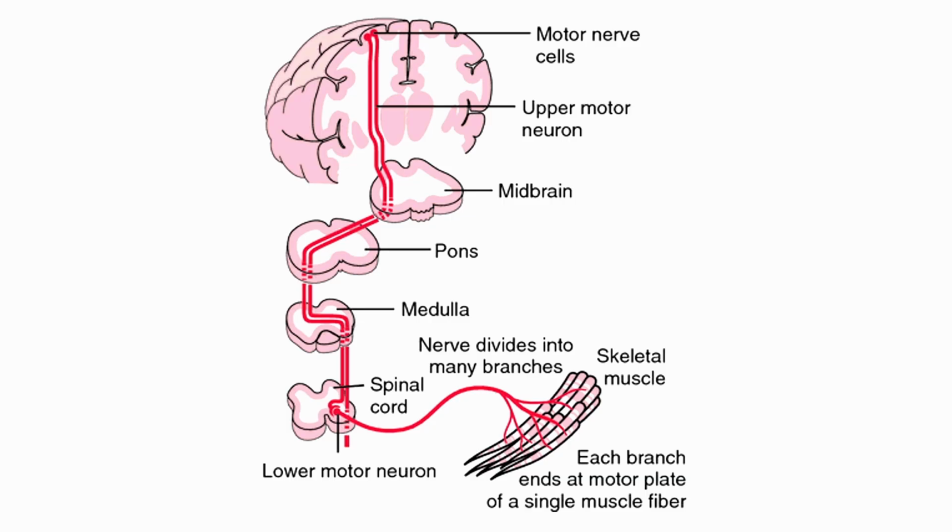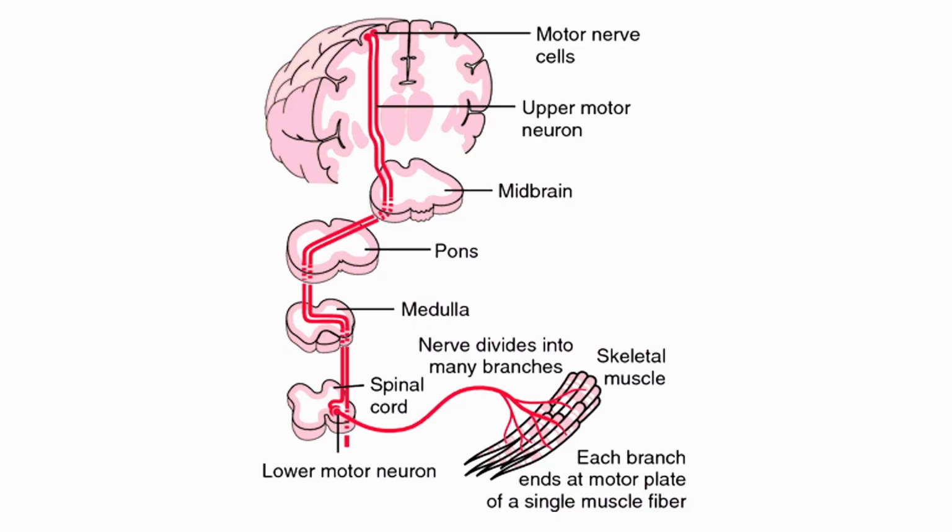So you can see here, our one motor neuron starts in our cerebral cortex. Is it going to start in the precentral gyrus or the postcentral gyrus? Pre. Pre is motor, post is sensory. So the precentral gyrus is all motor. Homunculus, we know it's all mapped out.